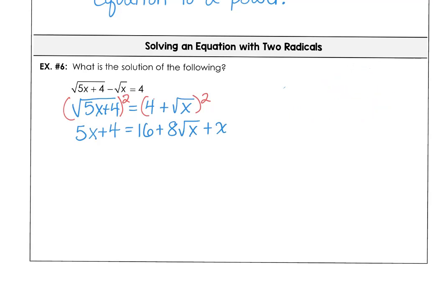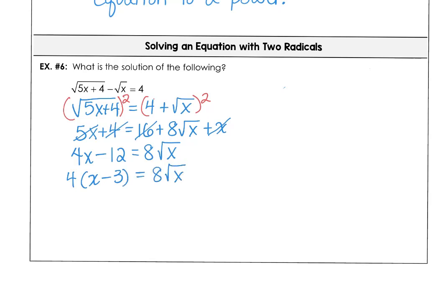Now let's collect like terms. So we got 5x here and 1x here. If we bring them to one side, we got 4x. And then 4 minus 16, we got minus 12 on this side. And 8 square roots of x on the right. So if we factor out a 4 from both sides, we can divide both sides by 4 and end up with x minus 3 on the left and 2 radical x on the right.